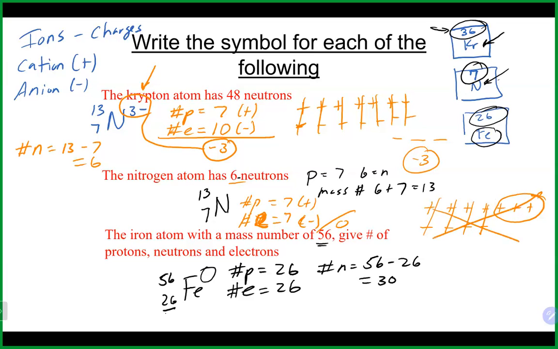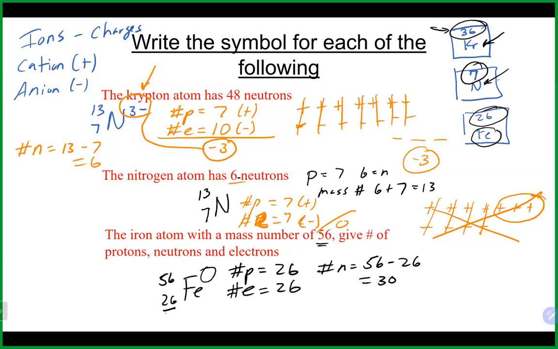So the reason it has a negative charge is because when you compare the neutral guy to the one with a charge, the guy with the negative charge has more electrons, and that's what the negative implies. Whenever you see a negative charge on something, it means that that species has gained more electrons, because it now will have more electrons than protons, and that's why it has that net negative charge.